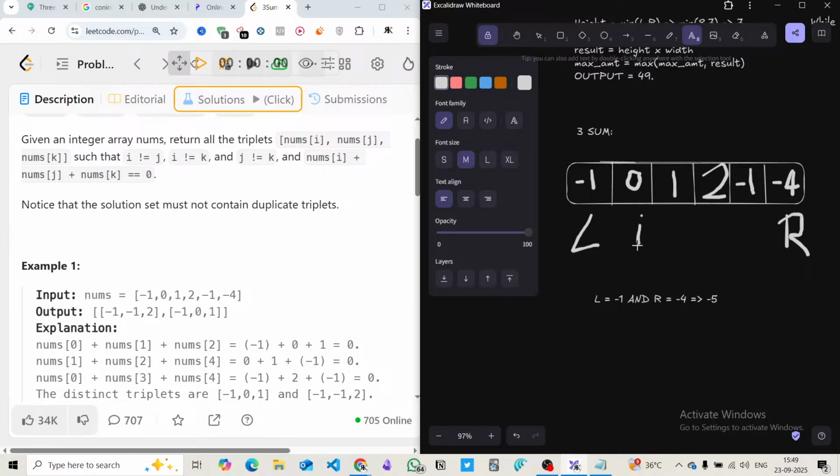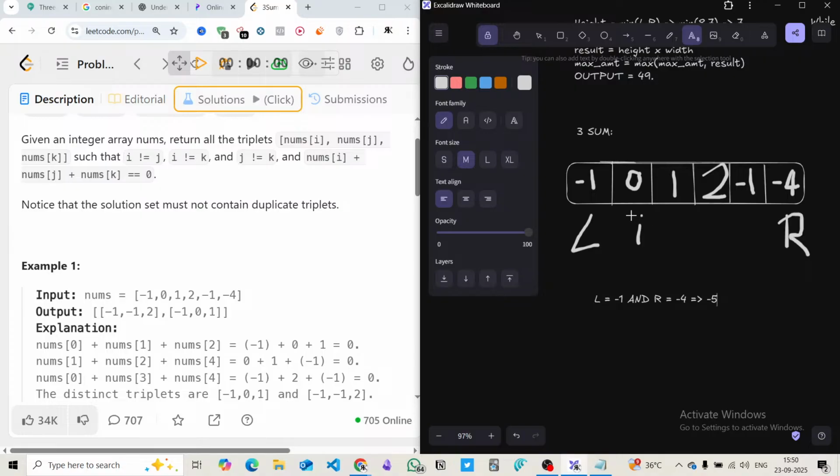So with I, we need to iterate between those numbers in between L and R, whether there is a +5, so that the numbers add up to 0. If that's the case, we can use that.